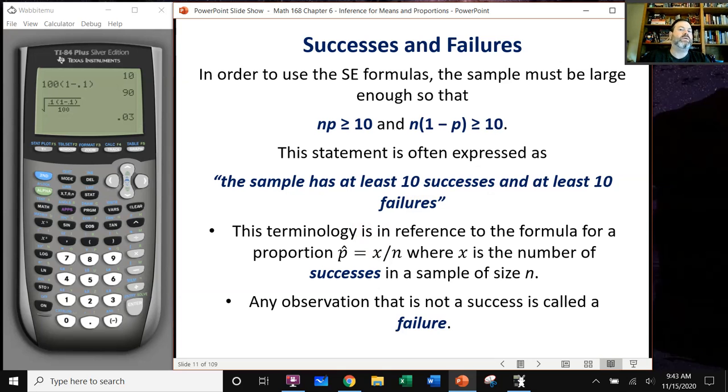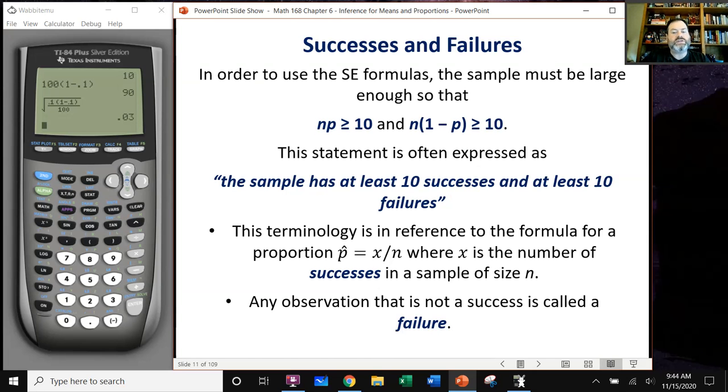So if you're counting what proportion of people get heart attacks in a sample, then your successes are the people who have heart attacks. Those are your successes. Whereas you don't really think of heart attacks as being successes in the real world. That's not what it means, right? This is more of a specialized mathematical thing where whatever we're looking for, whatever we're counting, those are the successes.